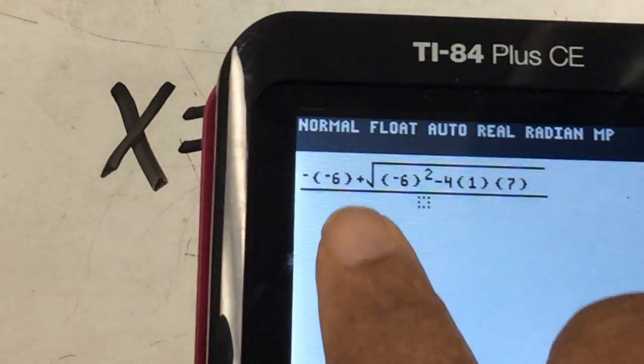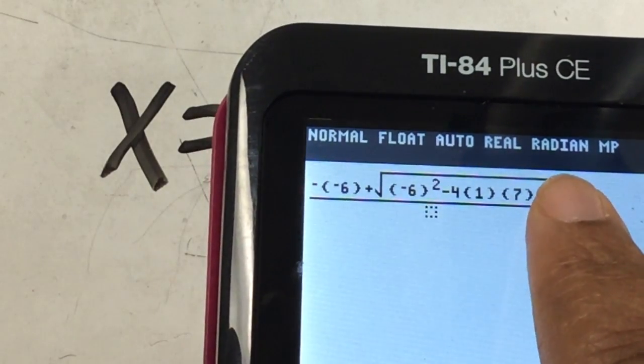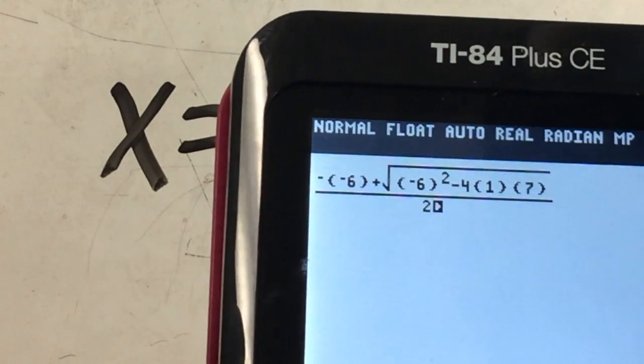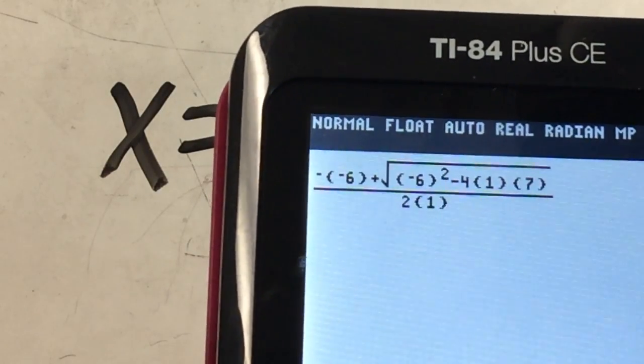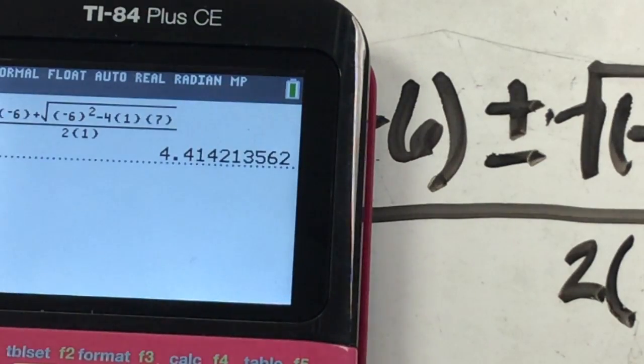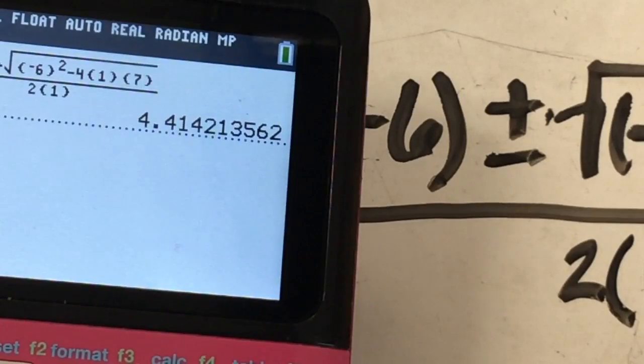Notice that my square root is over everything. And I'm going to scroll down to the bottom and put 2 parentheses 1. Hit my enter button, and there is my answer. It's around 4.4.